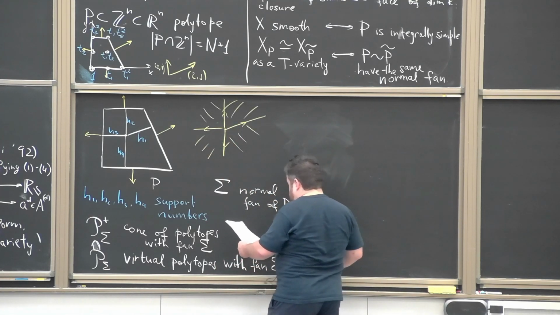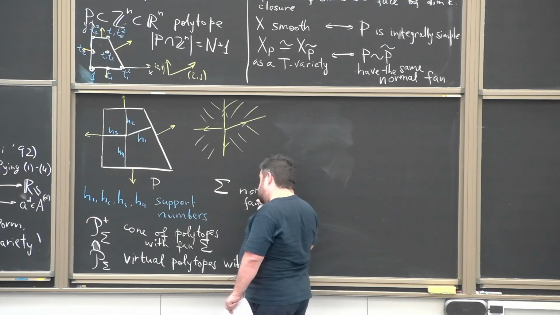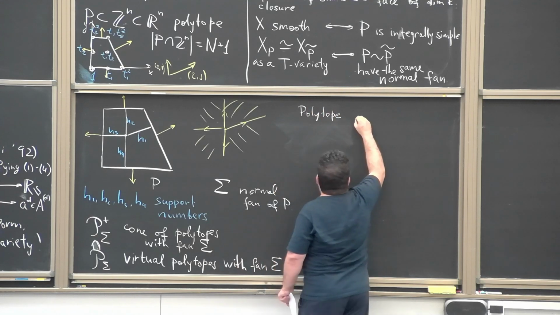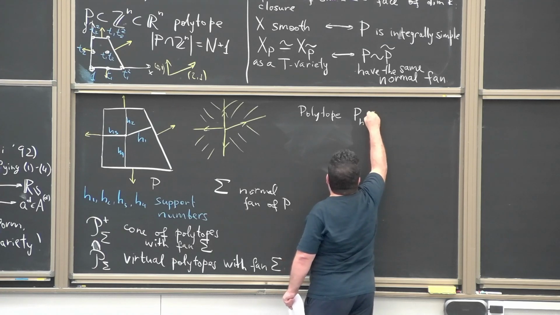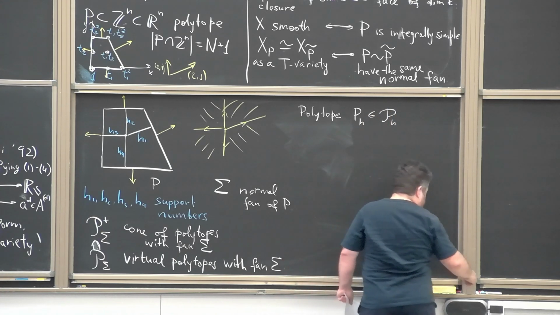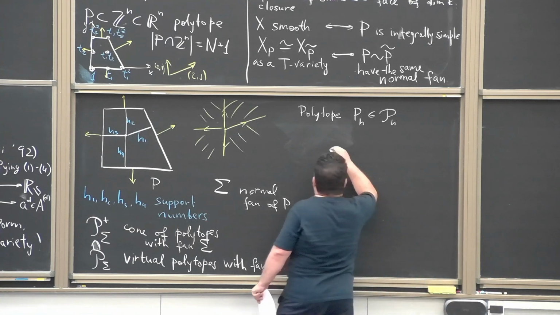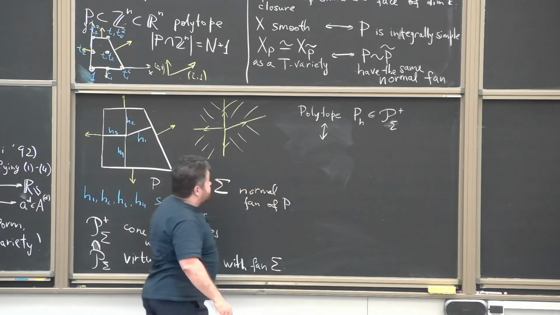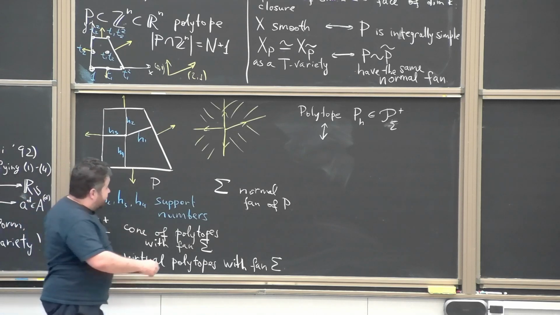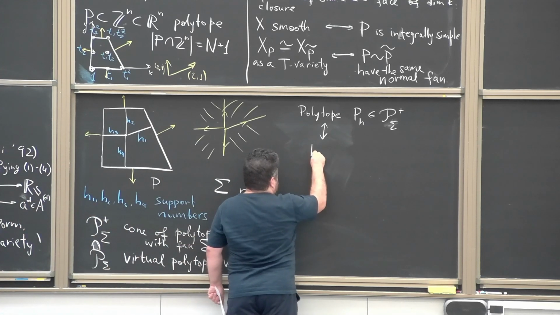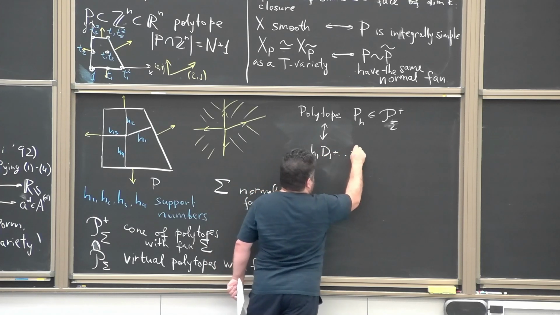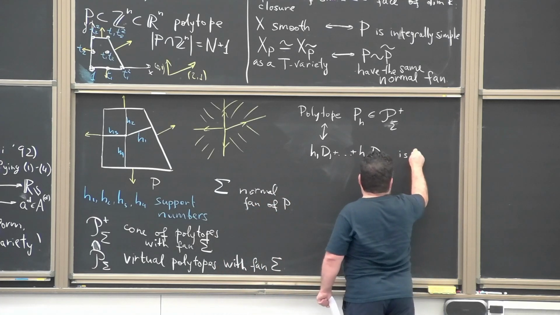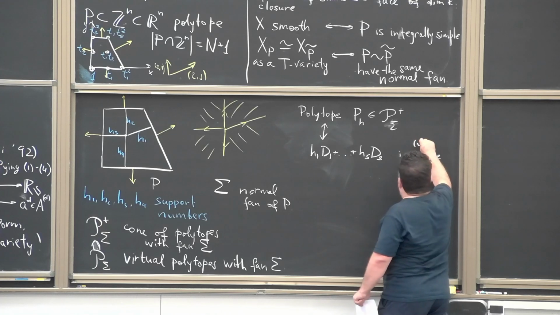So in geometric terms, a polytope P with support numbers H in the cone corresponds to the fact that the divisor h1 D1 plus and so on, up to the last D_s, in X is ample, or very ample, which is the same in this case.